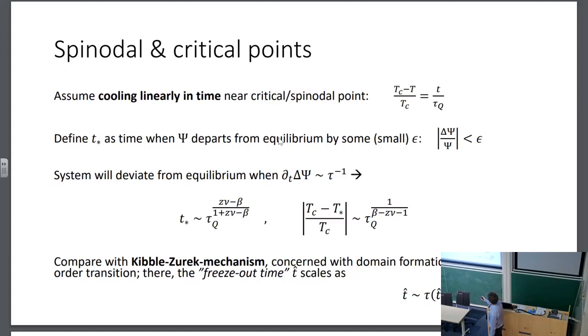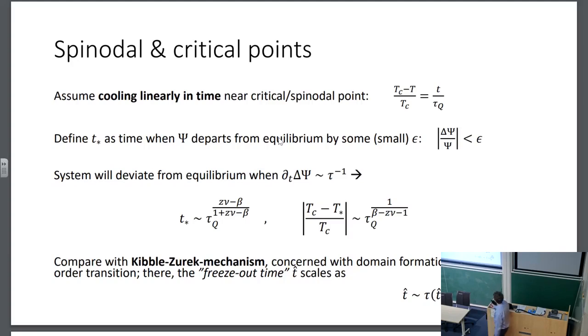So I assume I'm cooling linearly in time near this either critical or spinodal point. So what I'm saying here works for both. I have some time scale here that determines how fast I'm cooling. I define what I might call freeze-out time as the time when psi, the order parameter, departs by some amount from its equilibrium value.